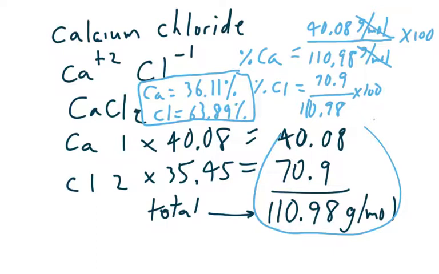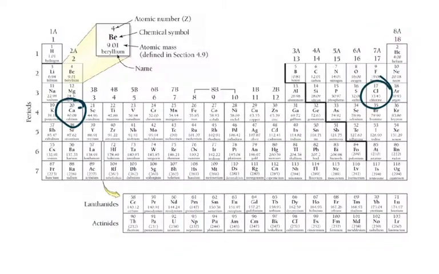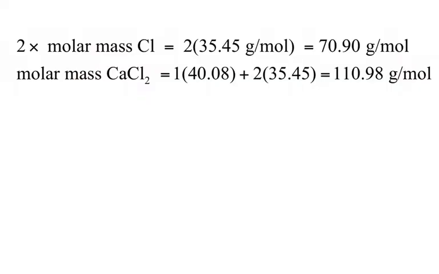Sometimes it might be 99.9 or 100.01. But here is the percentage of each element in calcium chloride. Okay, and if you look here, here's what we did as a summary. We multiplied the two chlorines by the molar mass. We got 70.90. Then the one calcium was 40.08.